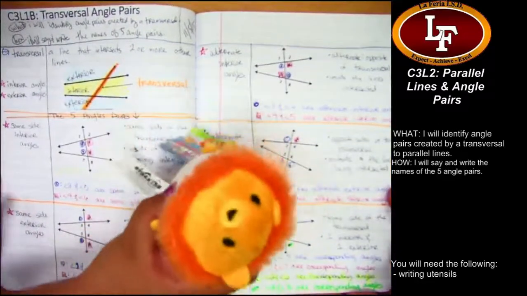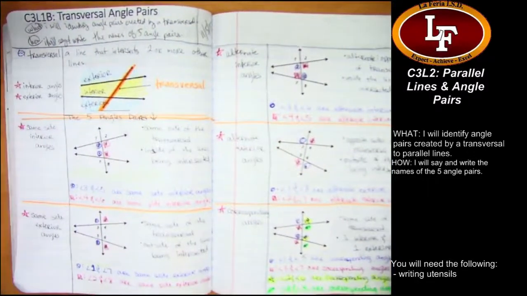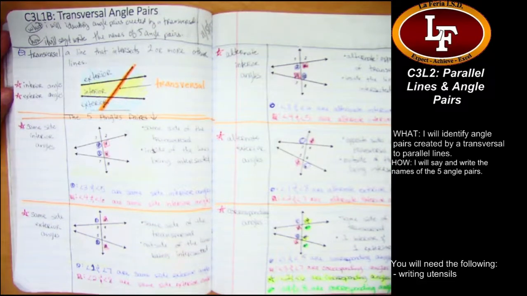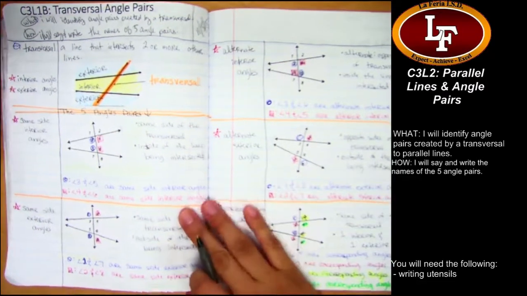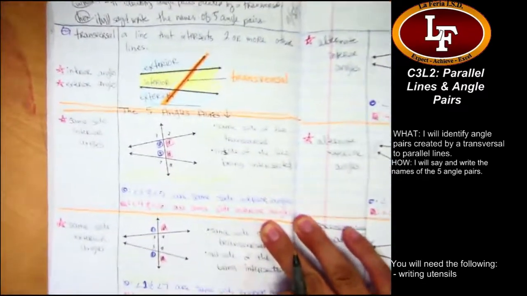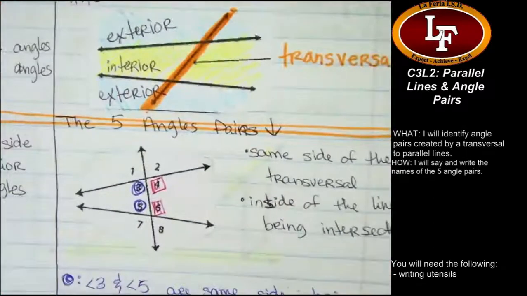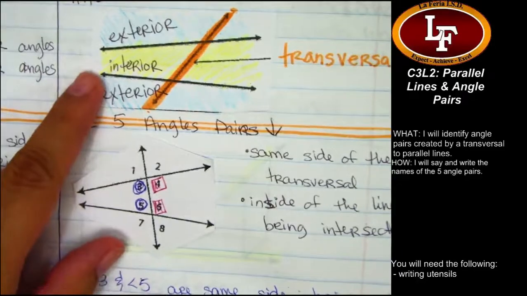All right, so where we last left off, we talked about the transversal and the angle pairs. This is just a quick overview from your notes from before. The transversal is the line that's intersecting two or more other lines.